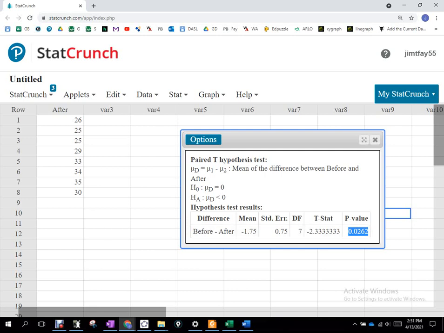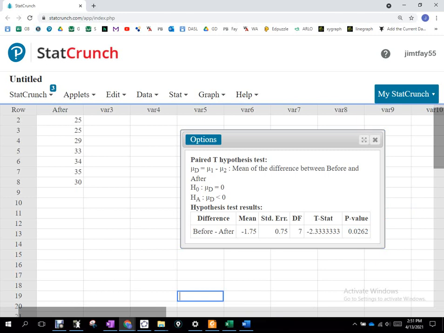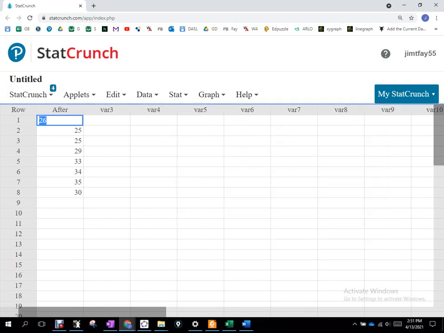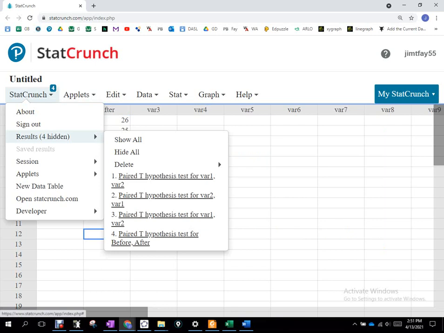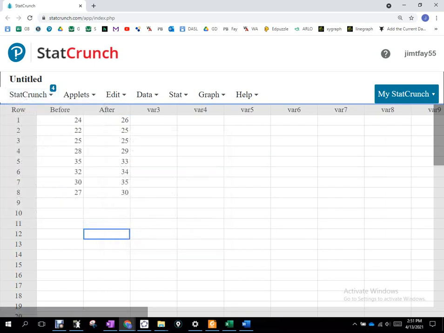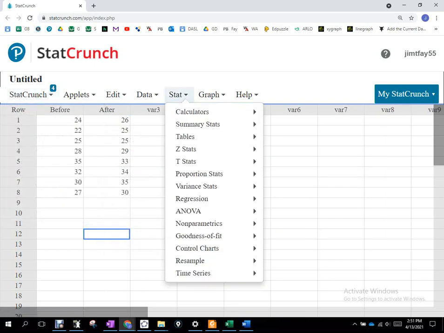If we, let's see if I can open another one of these real quick. Okay, so it's nice that it saves information.